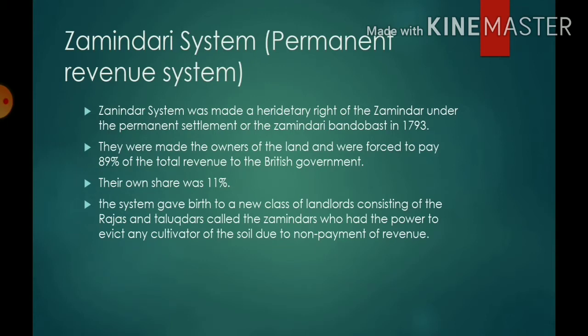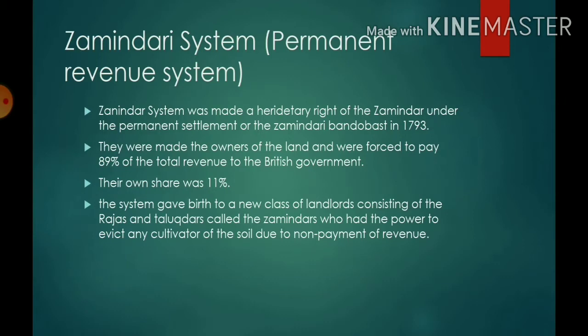Under the permanent settlement of the Zamindari Bandobast in 1793, it is one of the methods to collect the revenue from the Zamindars. They were made the owners of the land and were forced to pay 89% of the total revenue to the British government.